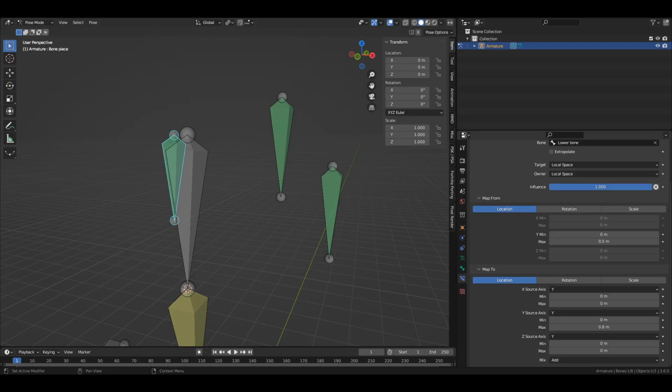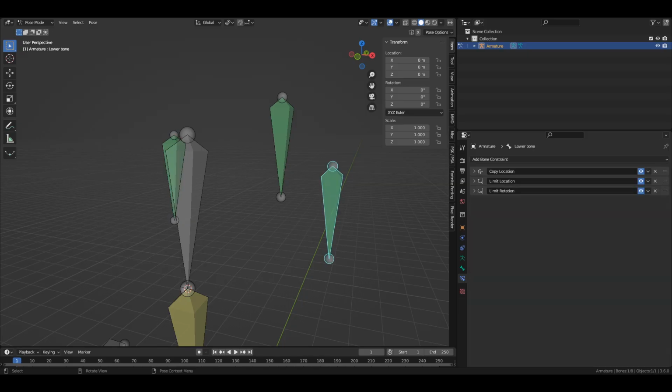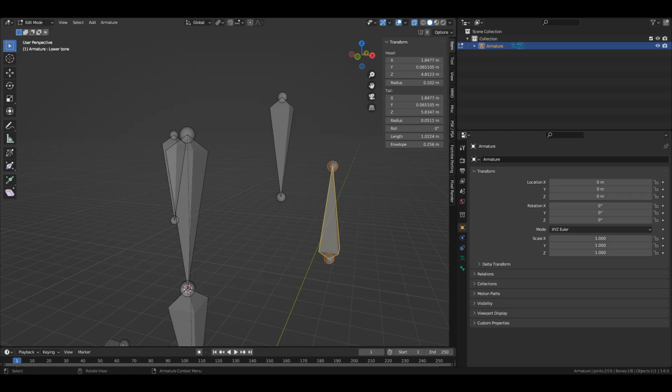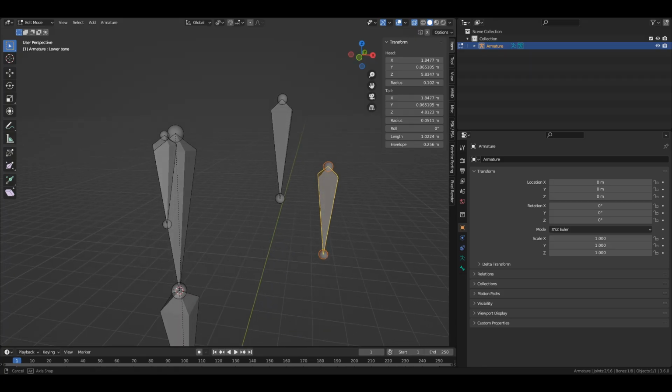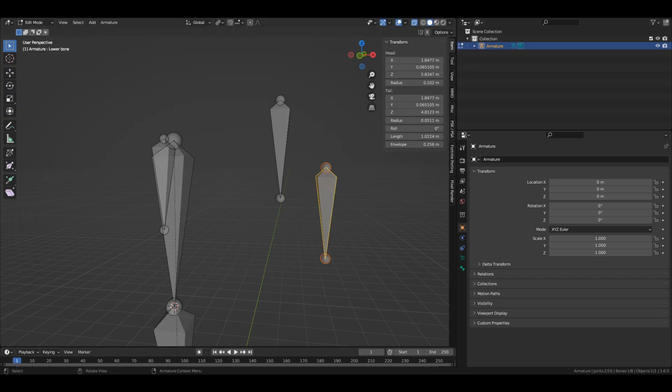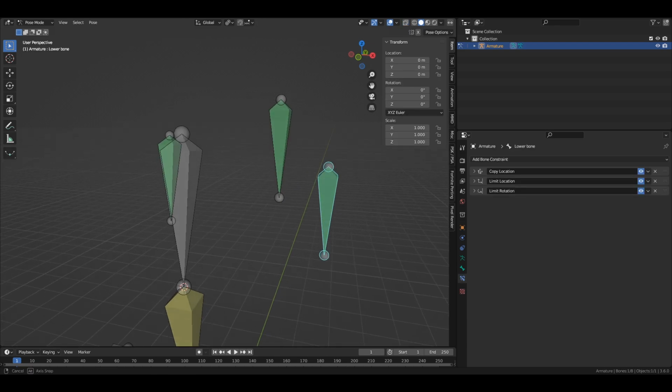The map from maps from this bone and maps to this bone. Okay, so we map from this, which the y-axis needs to be in this case in the positive one, because since it's facing down, it will be positive. But if the directions are switched, the positive side is up and the negative value is down. But if we switch back to the original one, the positive side is down, the negative side is up. So basically it's inverted. So we need to keep this in this way.